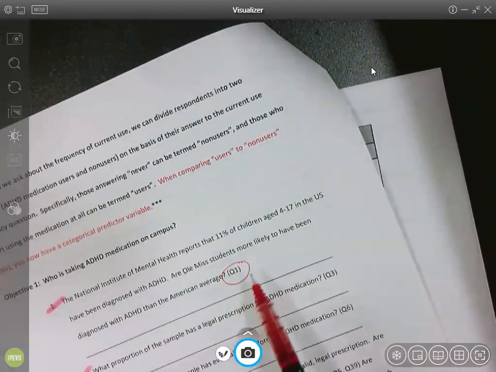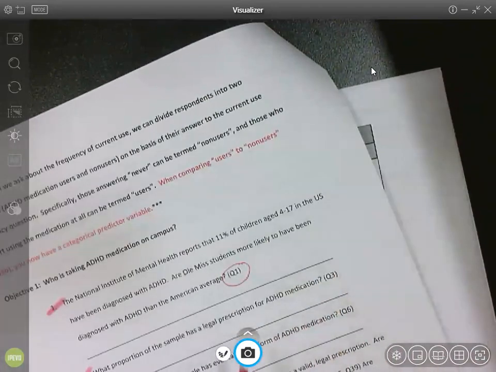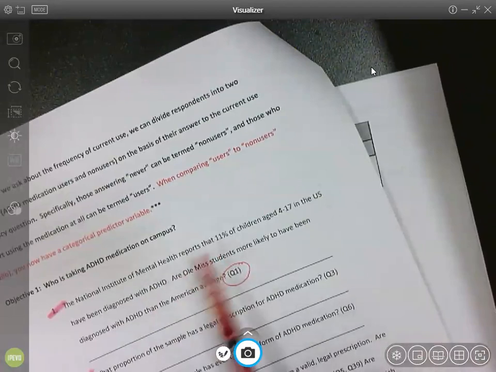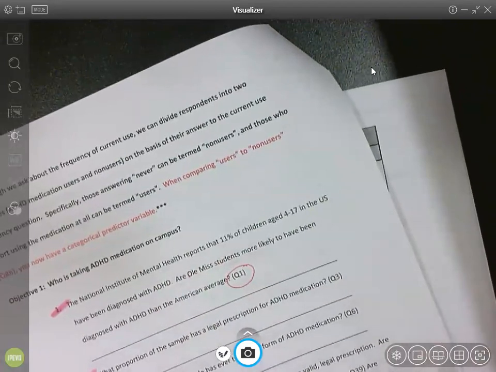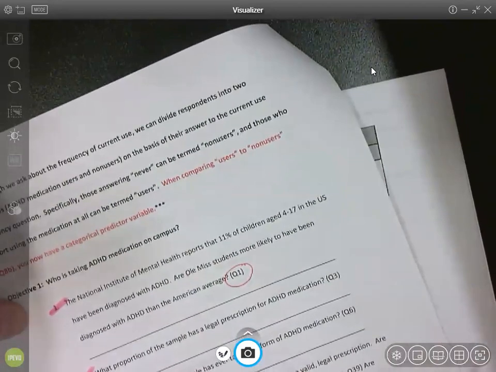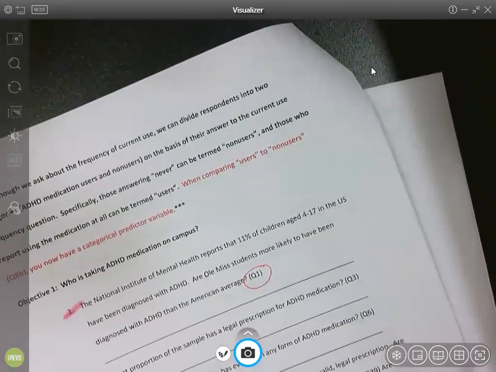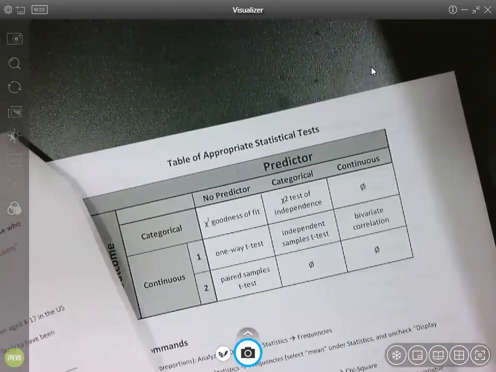So in this question, we're looking at Q1: Have you ever been diagnosed with ADHD? The question asks: the National Institute of Mental Health reports that 11% of children aged 4 to 17 in the US have been diagnosed with ADHD. Are Ole Miss students more likely to have been diagnosed with ADHD than this American average? It says to use the data from Q1 to answer that question.